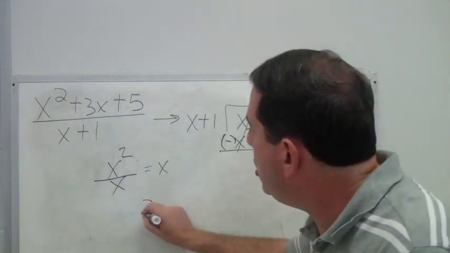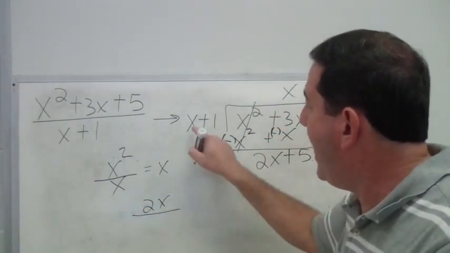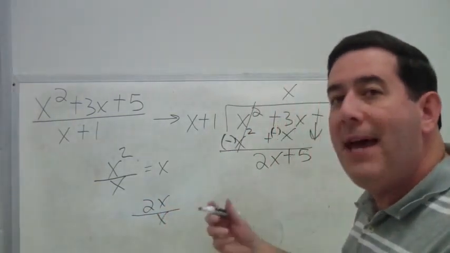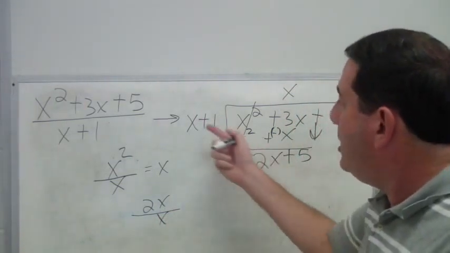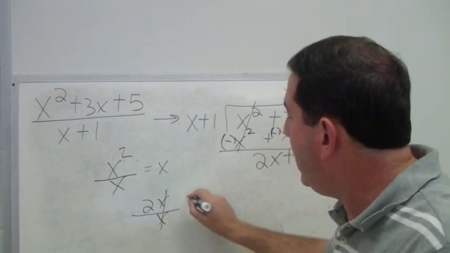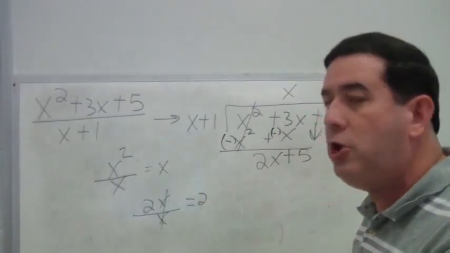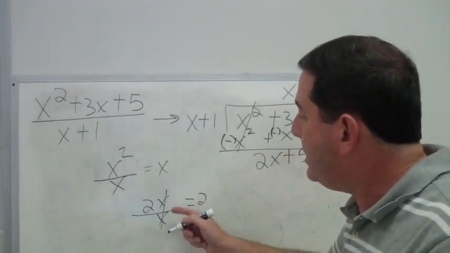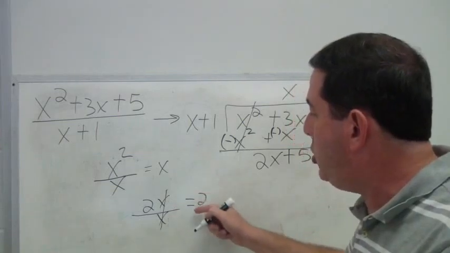Let's take 2x and divide that by x. That's the first thing here divided by the first thing there. Well, when we do that, our x's are going to cancel and we're left here with just a 2. So 2x divided by x gives me 2.